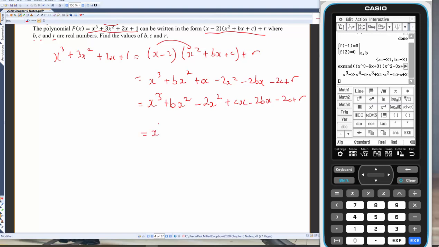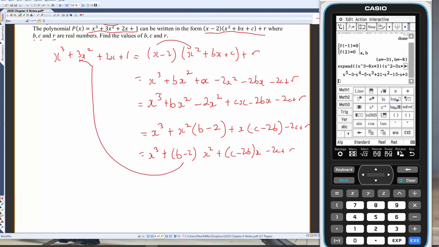So I'm going to say x cubed plus x squared (b take 2) plus x (c take 2b) take 2c plus r. Now I'm ready to pair up some coefficients. So this could also be written as x cubed plus (b take 2)x squared plus (c take 2b)x take 2c plus r. So that equates to that.